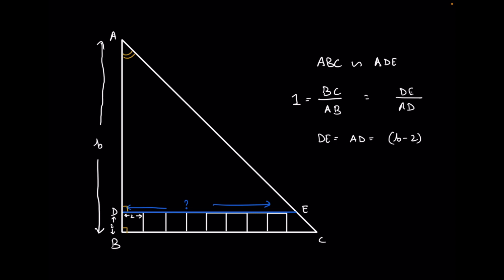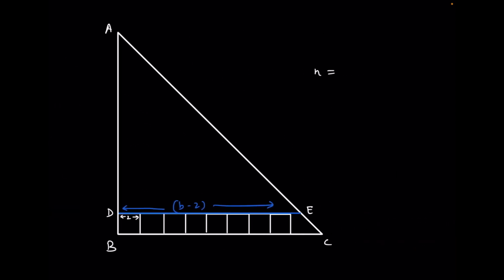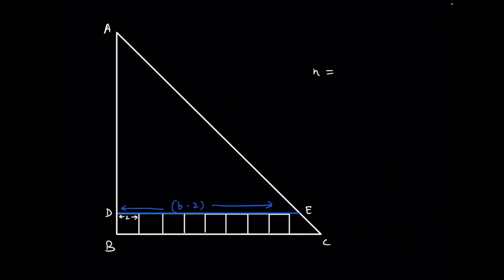All this to say, if you don't have a math background or you don't know about similarity of triangles, you can just skim over this part. But all this to say that this blue side is actually of length B minus 2, right? And so DE is of length B minus 2.